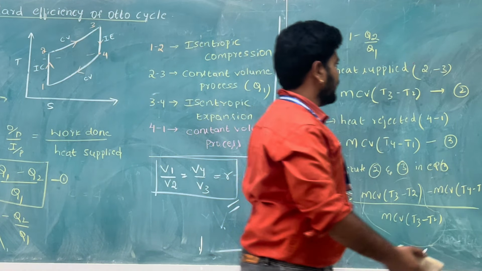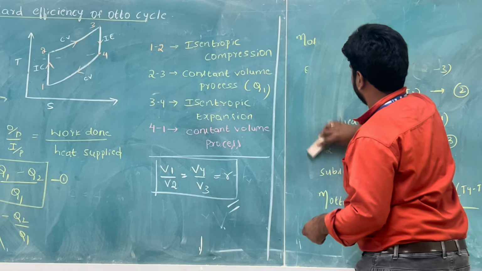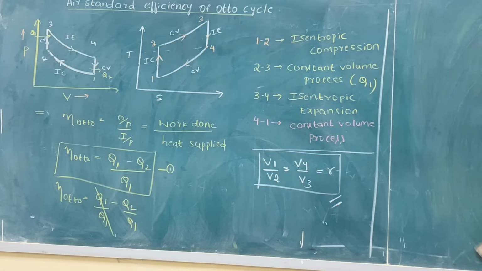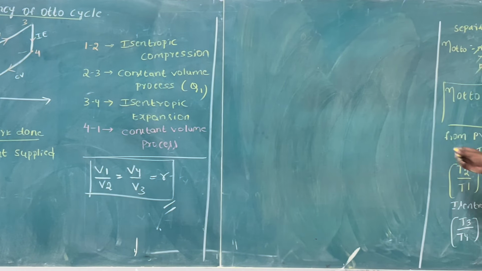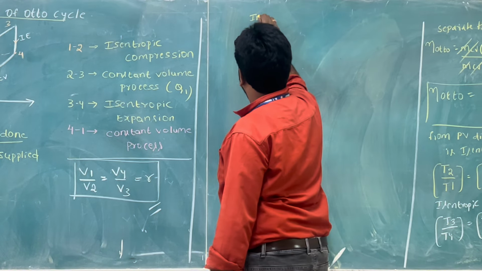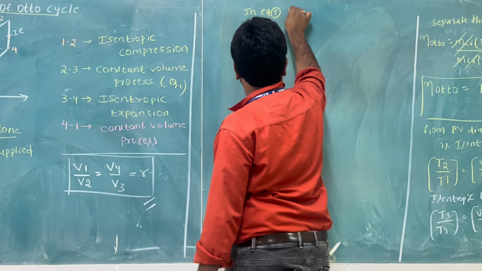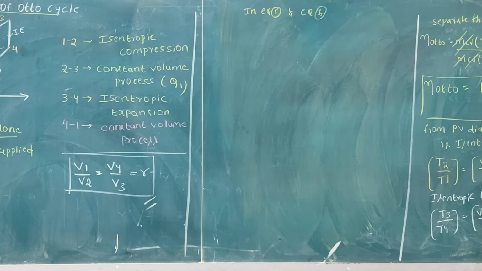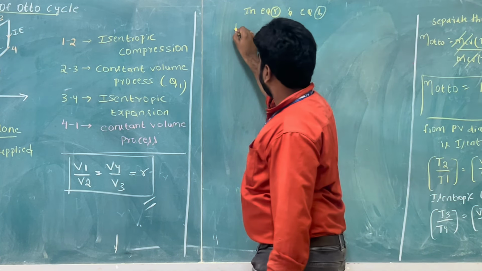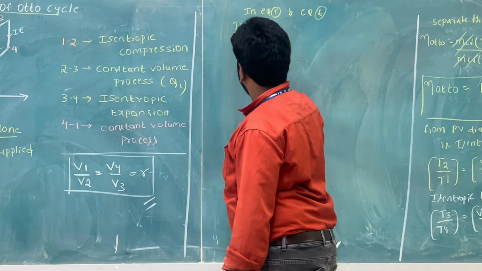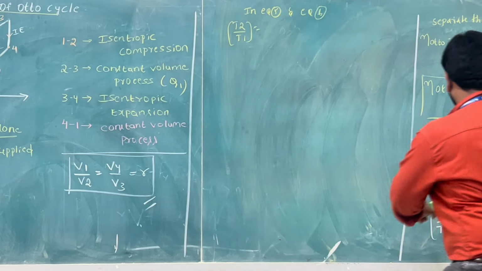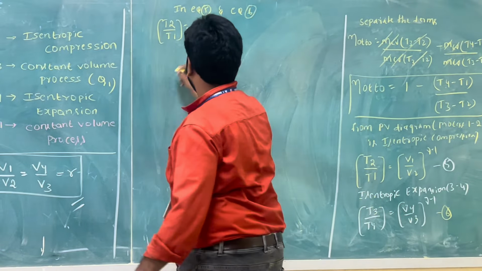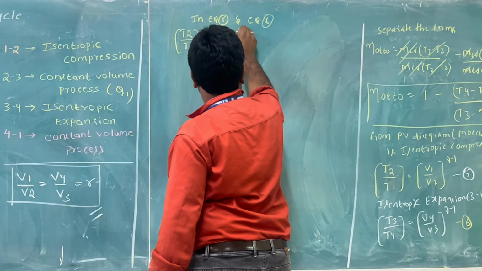So now what I will do is I will consider equation 5 and equation 6. So this I take as 6. I can write like this: T2 by T1 equals, in the place of V1 by V2, I take r, so r to the power of gamma minus 1.